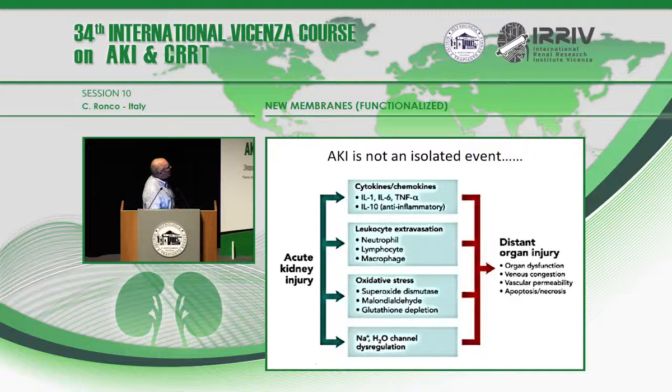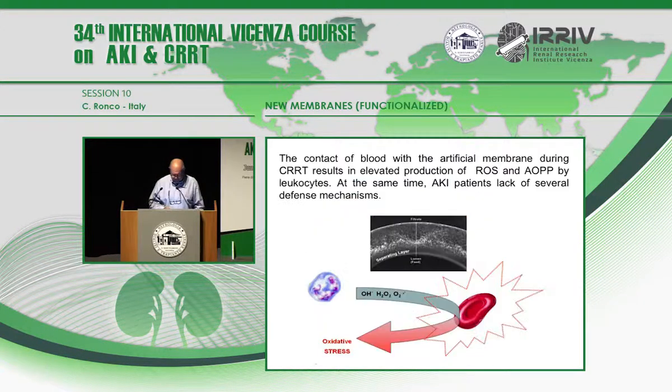The oxidant stress operates in conjunction with these factors and together with dysregulation of sodium and water transport in the membrane. All these things may lead to distant organ injury, what we called a couple of days ago organ crosstalk, with potential for damage in other organs.